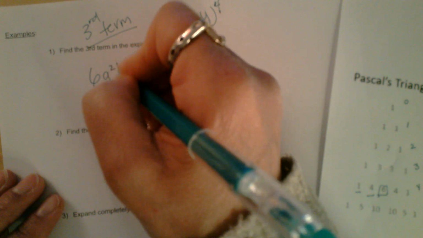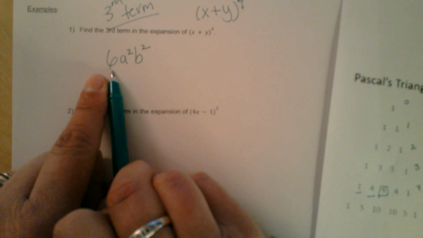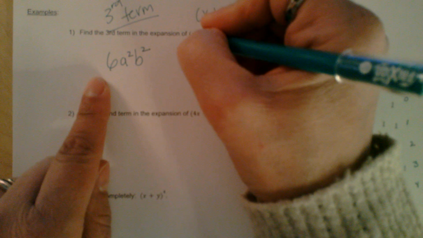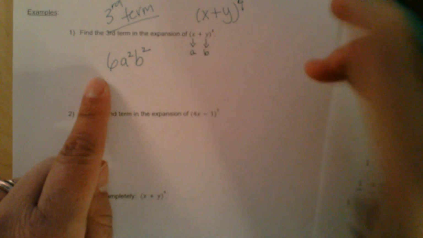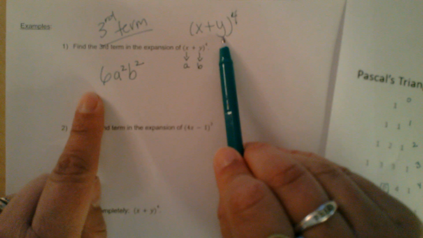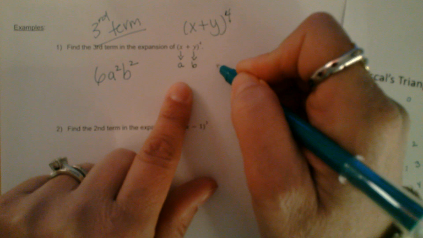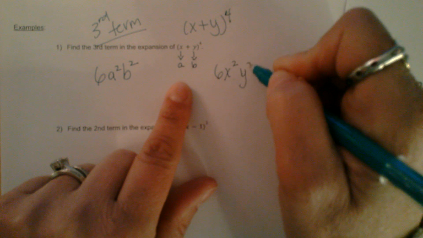That's our third term. We don't have to go any further, so it's going to be 6a squared b squared. Do these add up to 4? Yes, that's a check. Here's our coefficient in front. Now, we don't want a and b, so what are we going to have to do? That is a, and this is b. So in order to get the third term of this, it's not going to be 6ab, it's going to be 6x squared y squared.